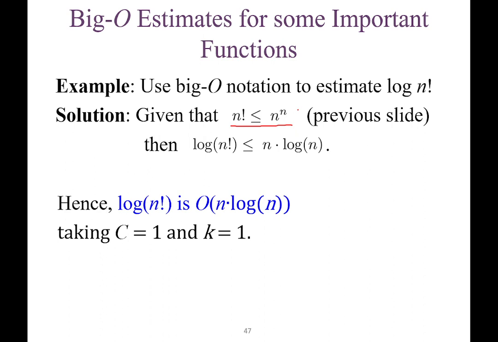If we take log of both sides, then we have log factorial of n is less than log of n to the power of n. The exponent n can come out from the logarithm operations, so we have n times log n. Remember this, because we will use the concept of log of functions a lot.